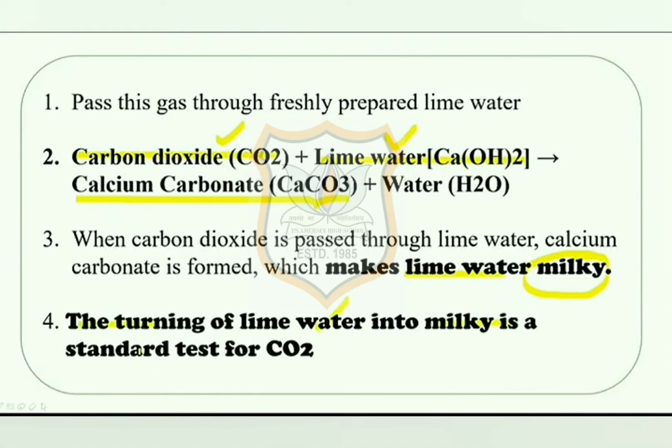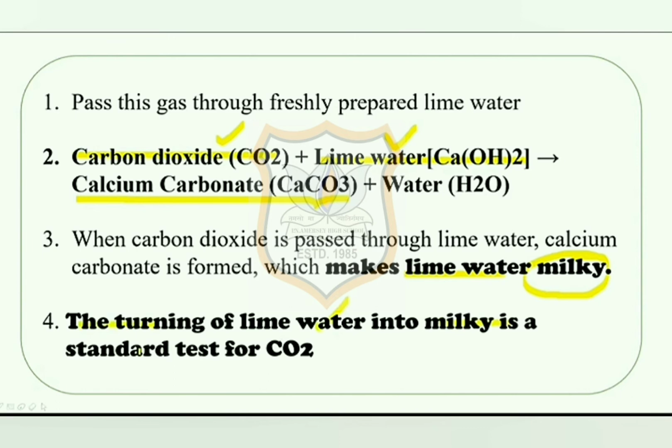When we pass this gas through freshly prepared lime water, then carbon dioxide with lime water gives us calcium carbonate and water. When carbon dioxide is passed through lime water, calcium carbonate is formed, which makes lime water milky.